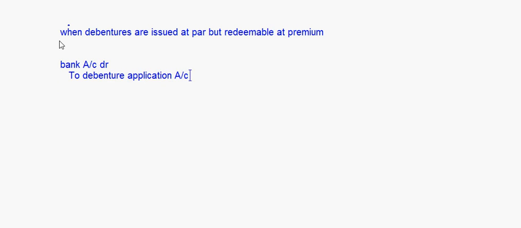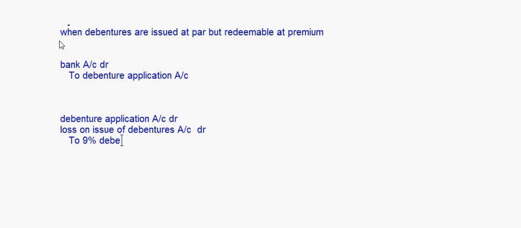Debenture application account. Now after this, see, the entry is like this: debenture application account debit, loss on issue of debentures account debit, to, let's say, 9% debentures account, to premium on redemption of debentures account.